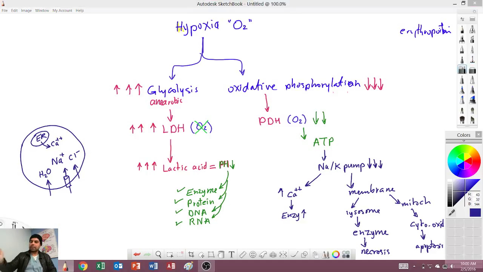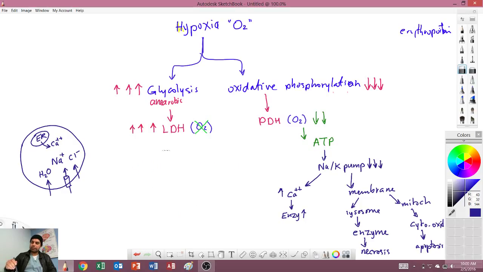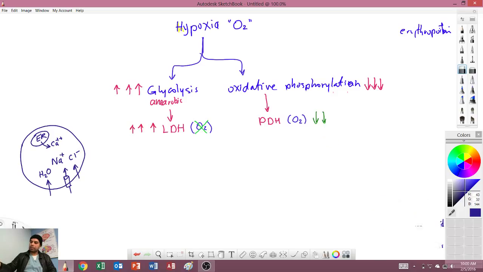But let's say there was lack of blood supply for a few minutes, and then there was suddenly oxygen available. Again, now the cell can repair itself as long as the three membranes, the cell membrane, mitochondrial membrane, and lysosomal membrane, are not permanently damaged.